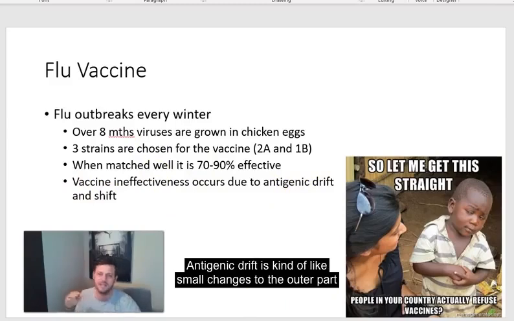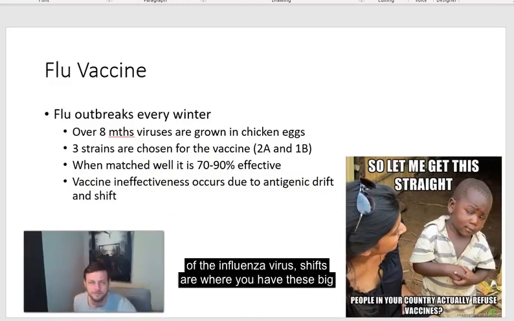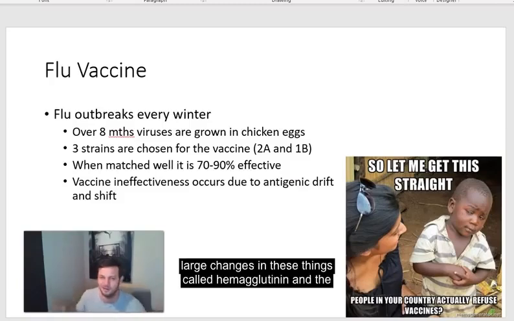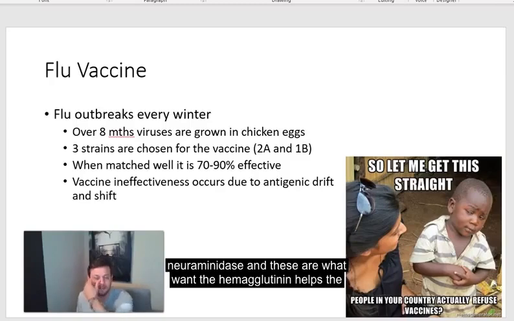Antigenic drift is small changes to the outer part of the influenza virus, whereas shifts are big, large changes in these things called hemagglutinin and neuraminidase.